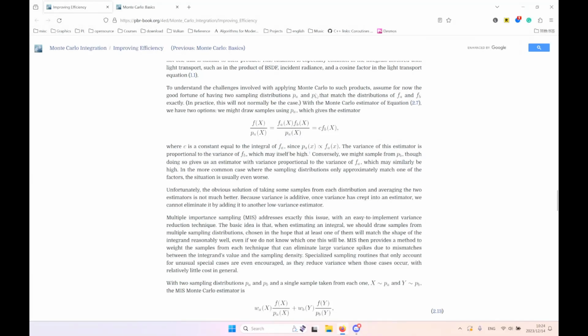And if we use PB as the distribution, we get variance depending on FA. So still, we can't get a perfect, or not even good enough, distribution to cover both.